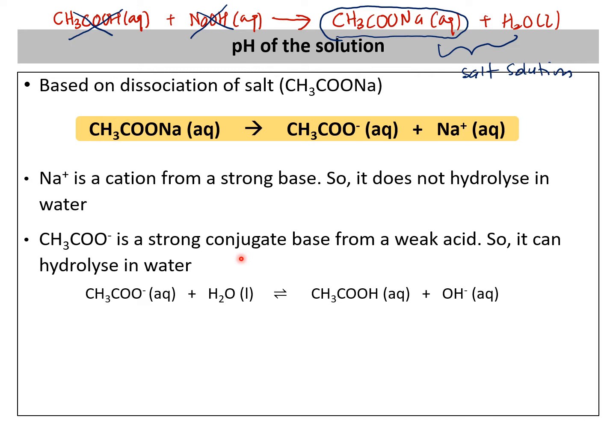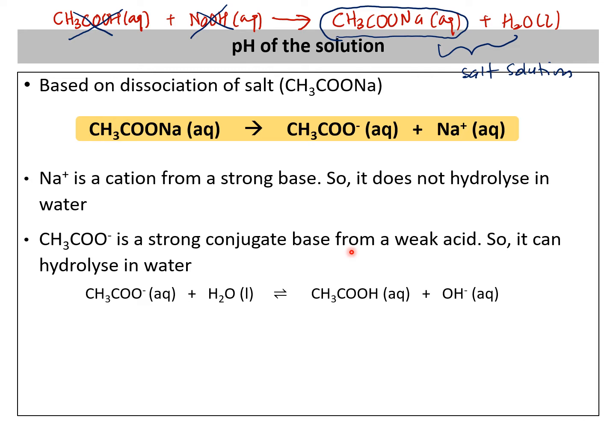But if you are afraid that you might make a mistake, contoh, awak tak tahu nak tentukan dia ni strong conjugate acid ke strong conjugate base, atau is it conjugate acid or conjugate base. So to be safe, apa yang awak boleh buat, awak just letak je CH3COO- is an anion from a weak acid. It's also accepted.